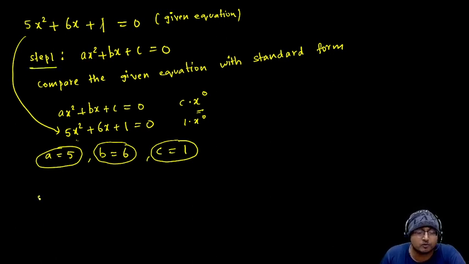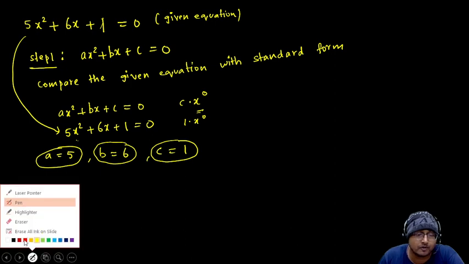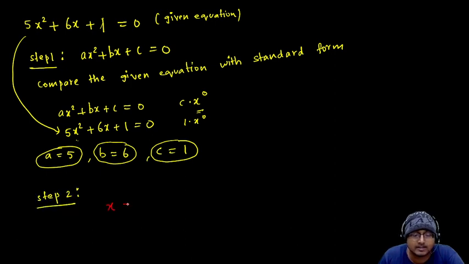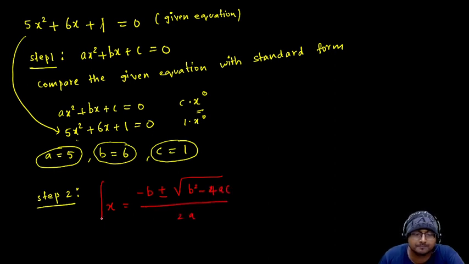What is the step 2 we have to do to find the solution? Step 2. We have to substitute these values in the formula. So what is our formula? x is equal to minus b plus or minus under root of b square minus 4ac, divided by 2a.